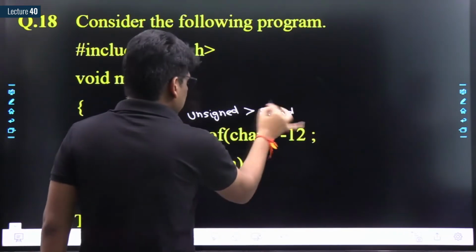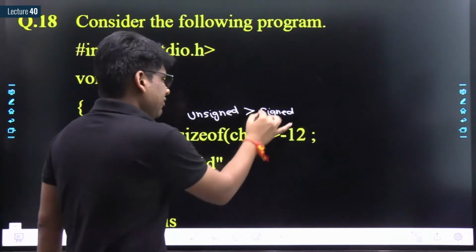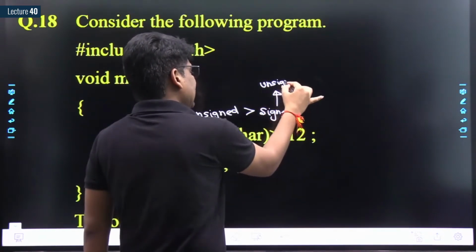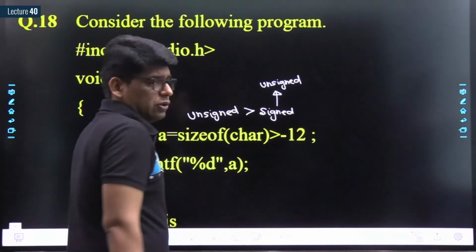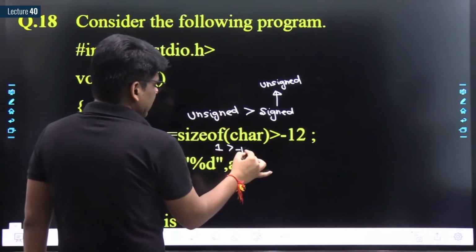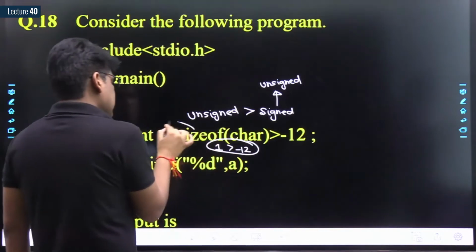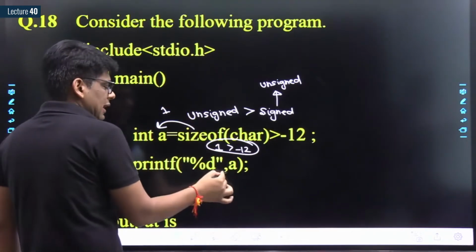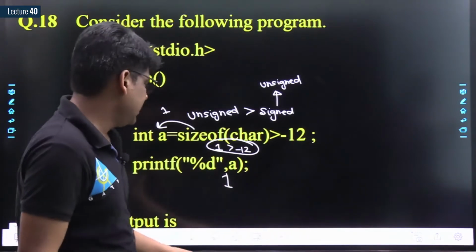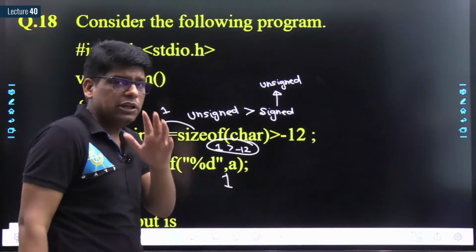How does the compiler work? Firstly, the compiler will convert this signed number into unsigned, and then the comparison will take place. By looking at this, if you don't know the concept, you will say 1 greater than -12 is true, so the value that goes inside A is 1 and the answer will be 1. But unfortunately, that answer is wrong.